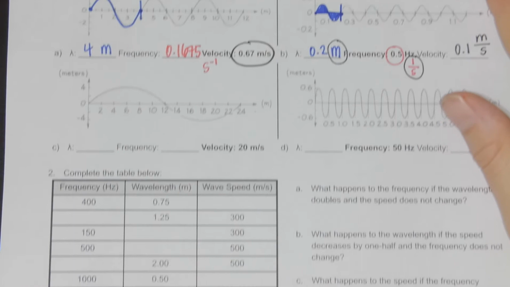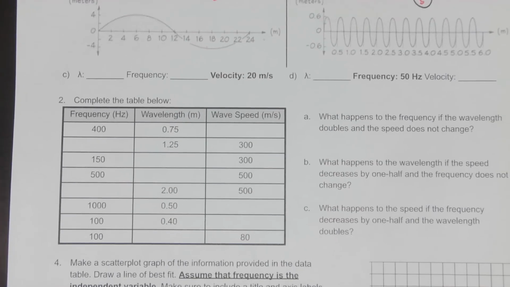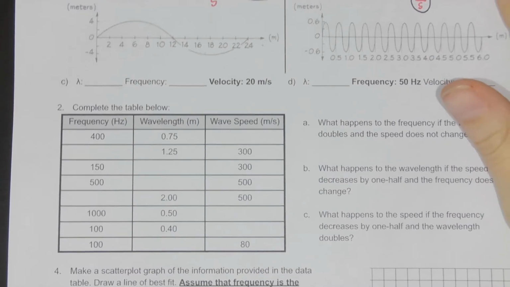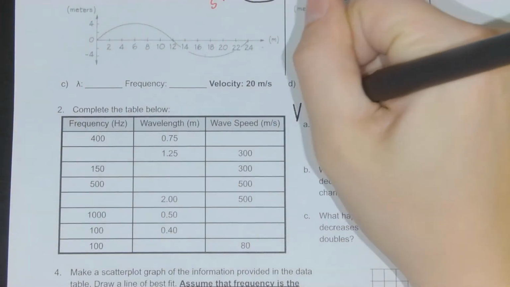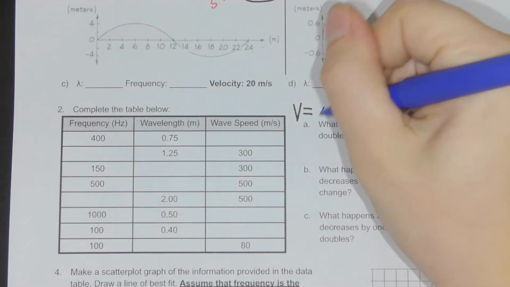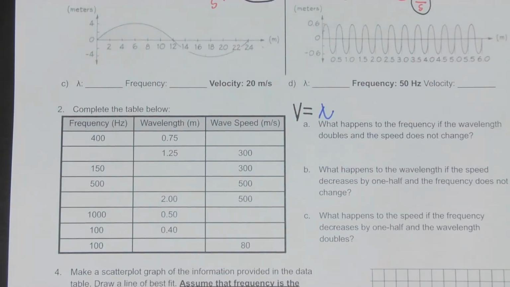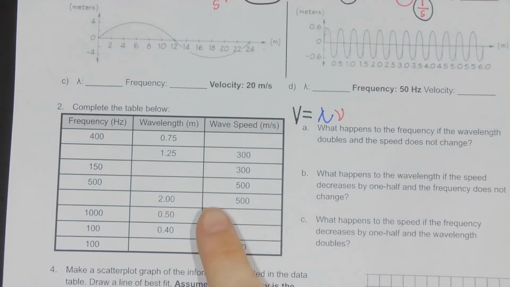All right, now going off of that same thing, you're going to complete the table below. It's the same exact calculation. Velocity equals wavelength times frequency. Except instead of having a picture to go off of, you are going to be using the graph.